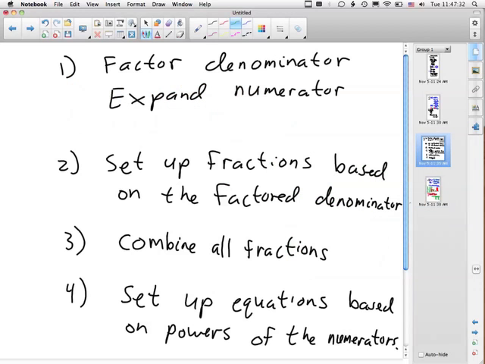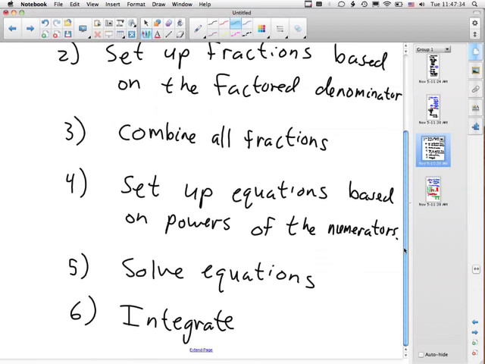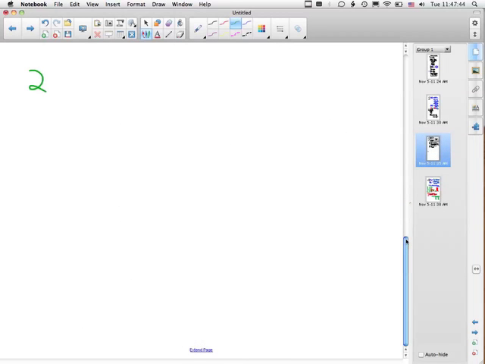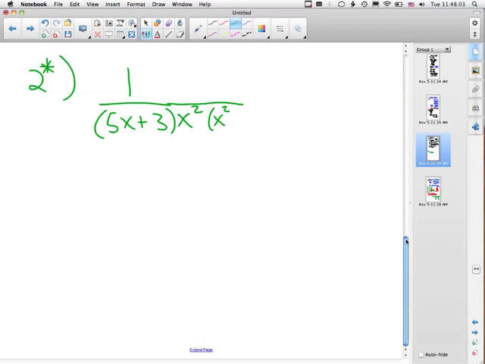I'm just going to add to this list here, where it says set up fraction, number 2. Set up fractions based on the fraction denominator. Here's a 2 star. Okay. If it looks like 5x plus 3 on the bottom times x squared times x squared plus 1.